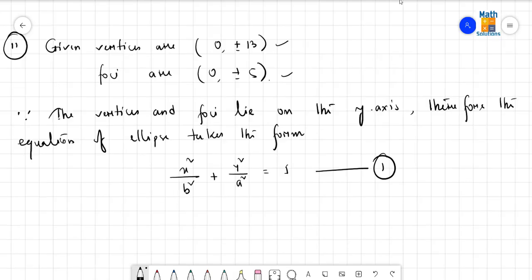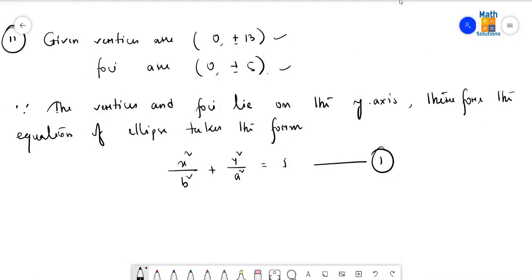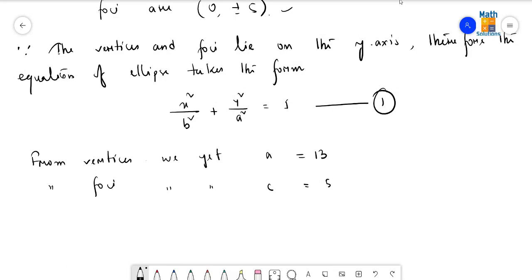Then from the vertices, of course, we shall be getting the value of a. So from vertices we get a is equal to 13. Then from foci we get what? C as 5. Therefore, what next? B square is equal to a square minus c square. Let's put the values. 13 square minus 5 square. So 169 minus 25.